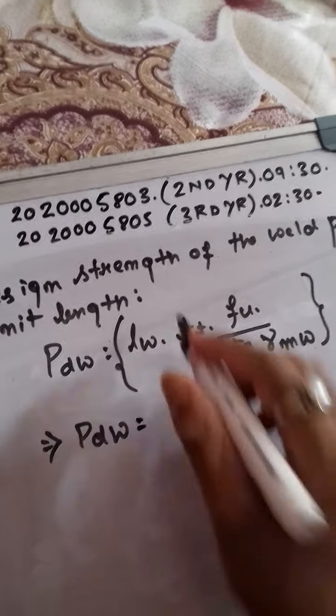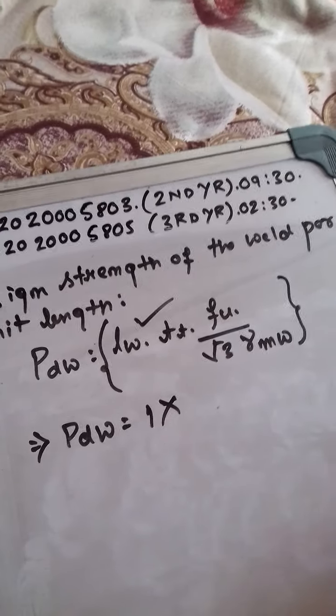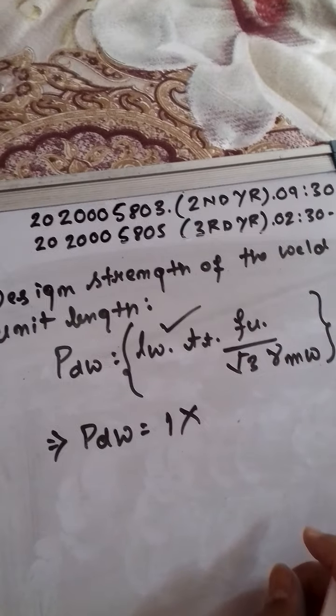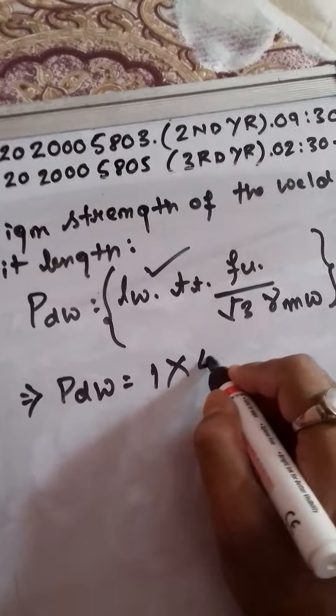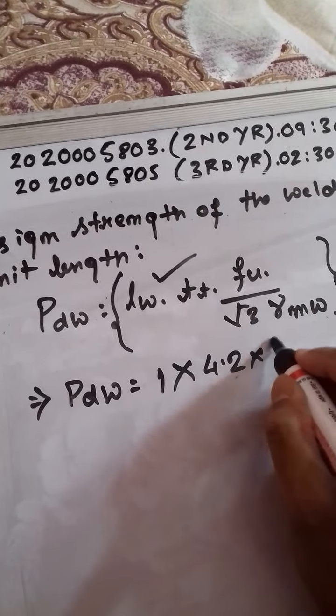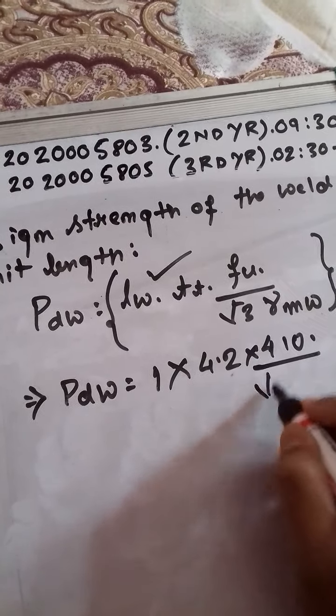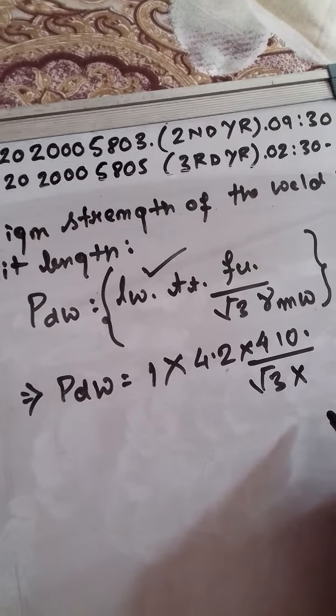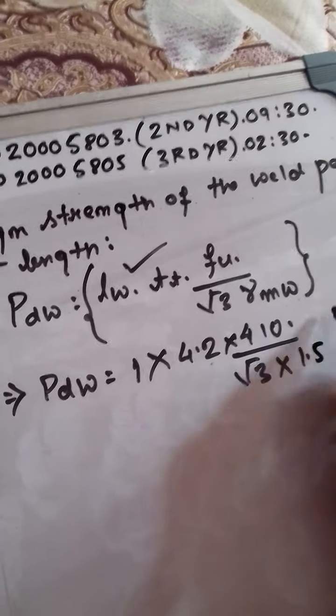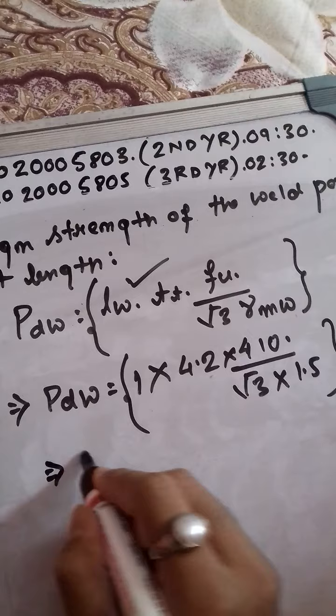If you substitute the values, LW equal to 1, because we are doing it for per unit length, throat thickness equal to 4.2, FU equal to 410, root 3 multiplied by gamma MW equal to 1.5, because it is the welding at site.